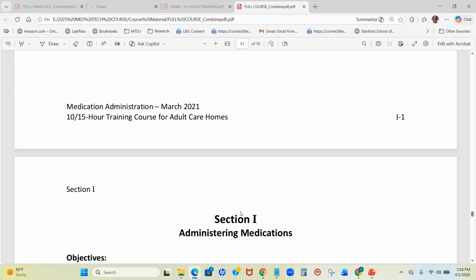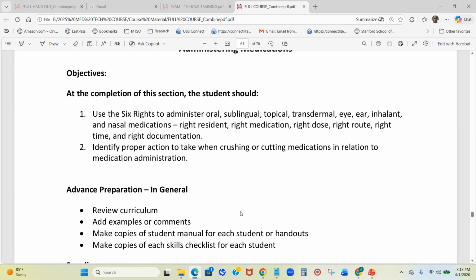Administering medications. This is where we use the six rights to administer oral, sublingual, topical, transdermal, eye, ear, inhalant, and nasal medications. So: right resident, right medication, right dose, right route, right time, right documentation.